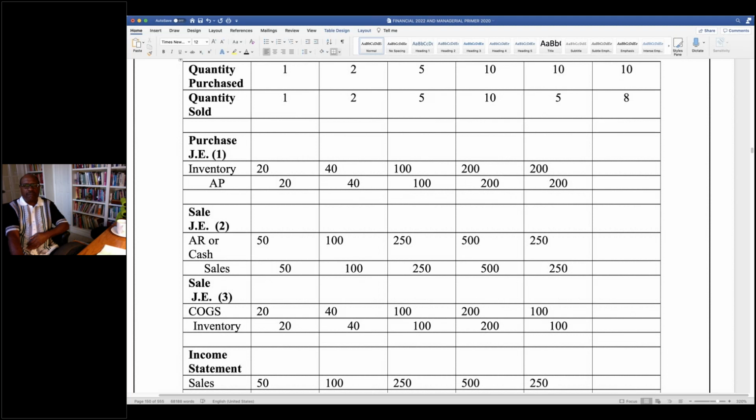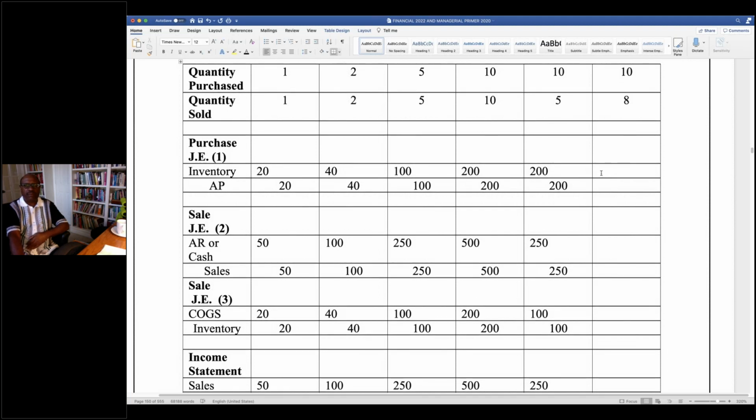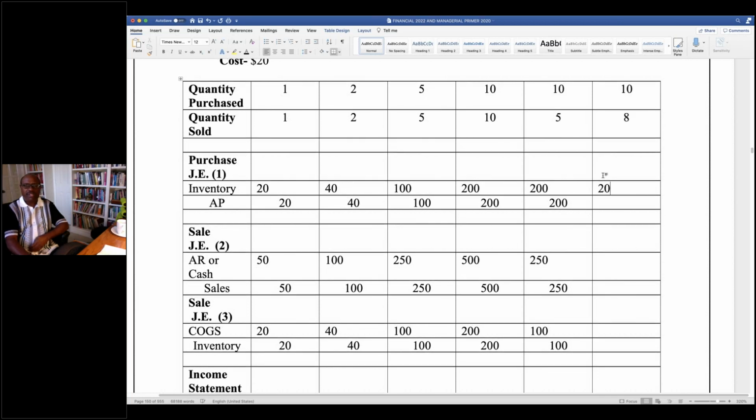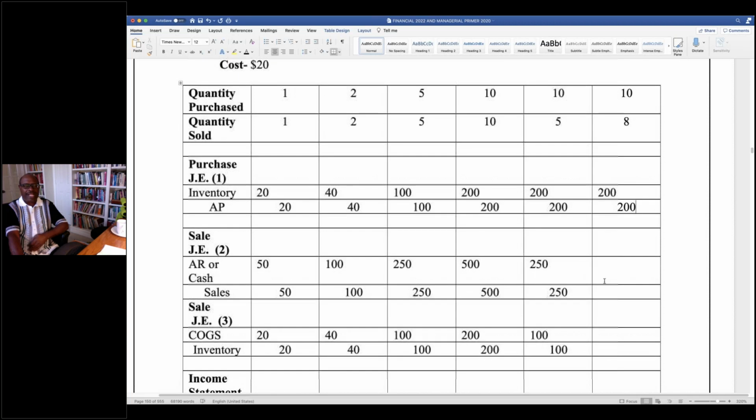So what's going to be in the purchase journal entry? 400. Wait, no, it'd be 200. Sorry. Same 200. When we sell 8, what does that look like? 400. We got $400 that we made on the sale.